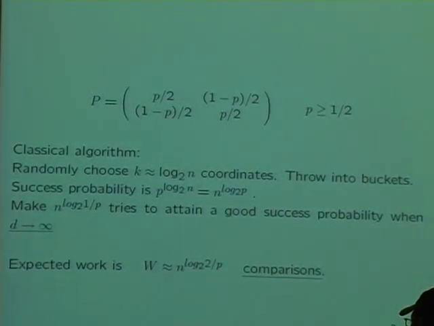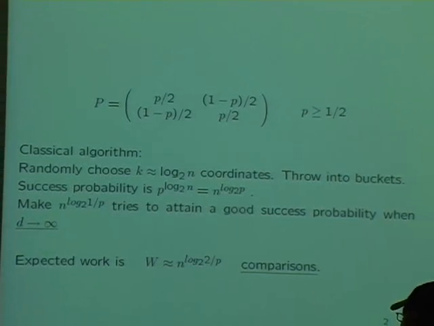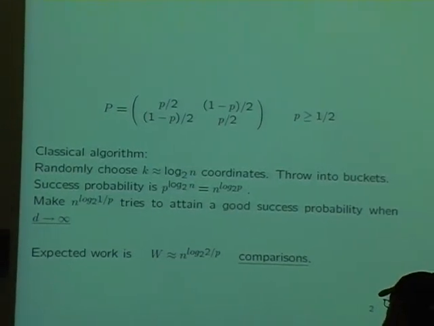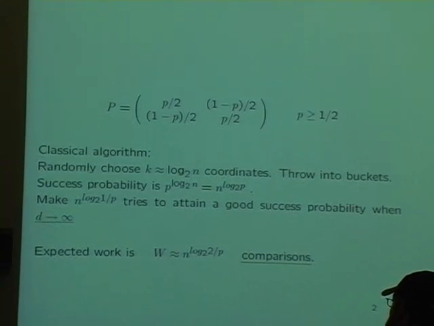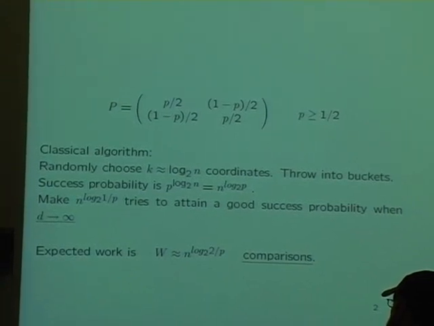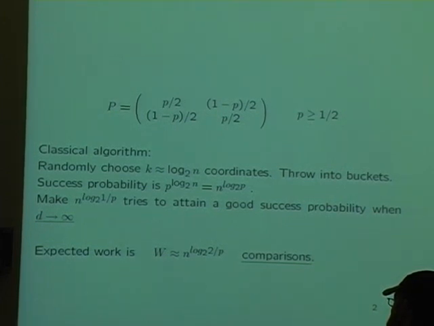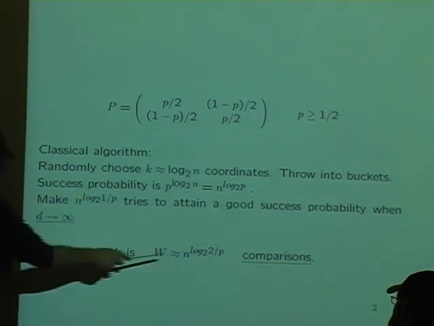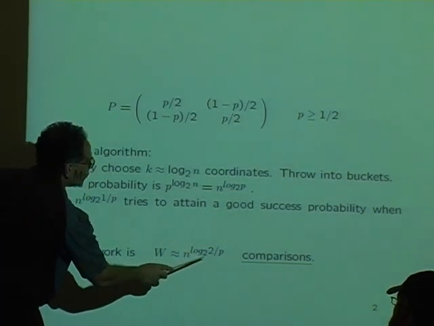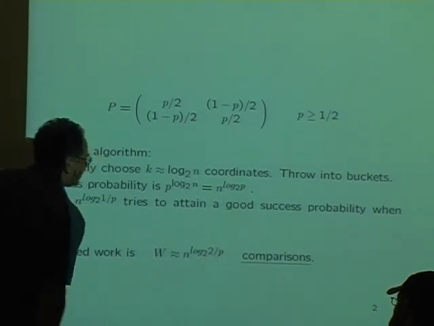Now, in each try, on the average, we have to make n comparisons, because in each basket, we expect very few elements, 1, 2, no more. So the number of comparisons would be of order of n. So altogether, the number of comparisons that we need is n times this, which is together n to the log base 2 of 2 over p.